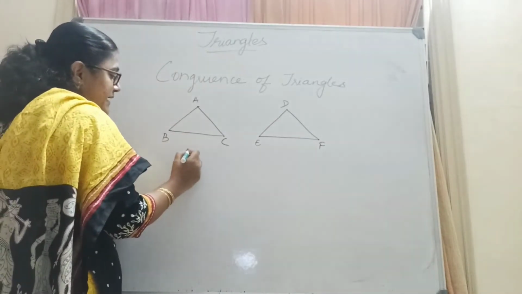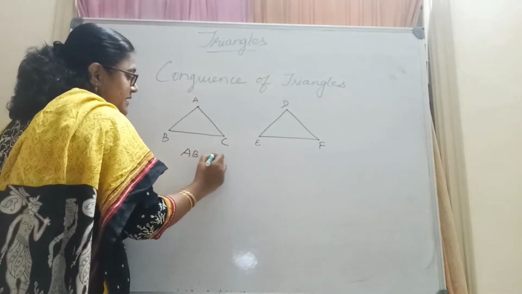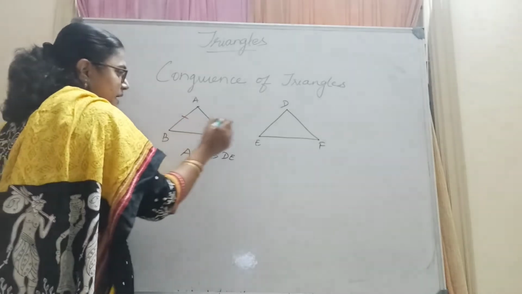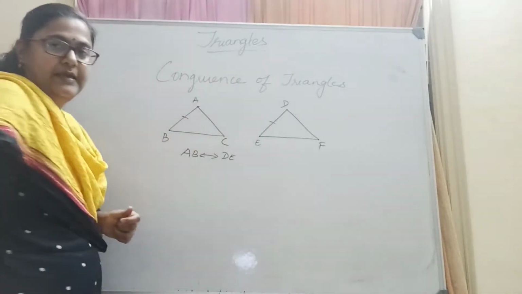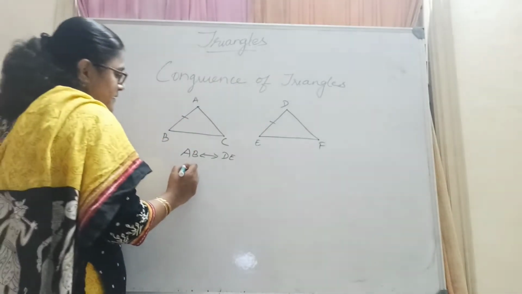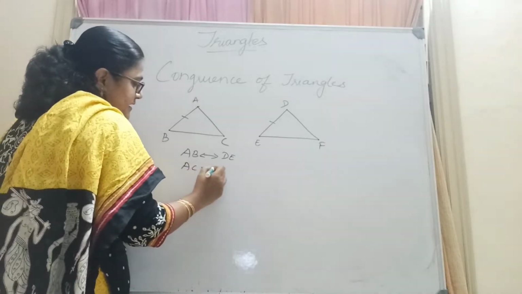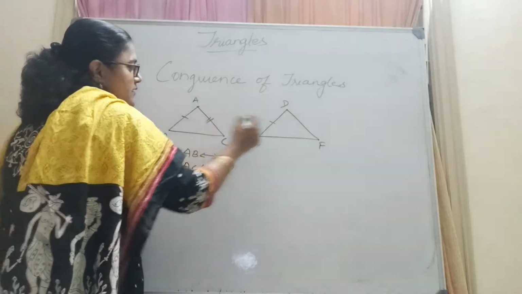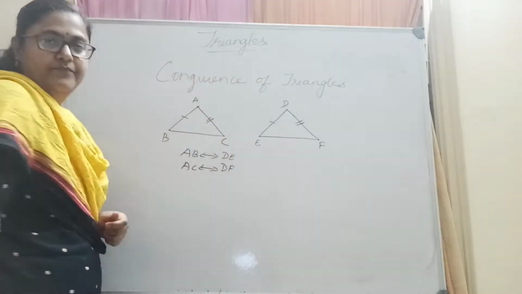So, my side AB is corresponding to side DE. Side AB is equal to side DE. Then, side AC is corresponding to side DF. That is, they are equal.